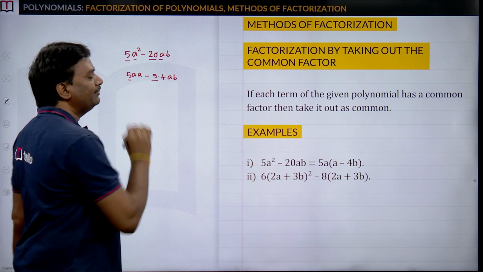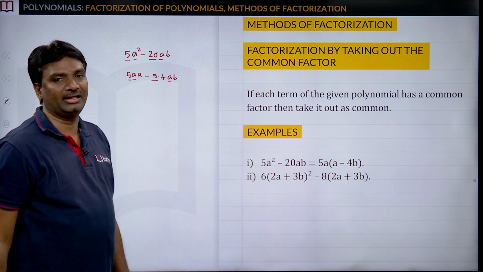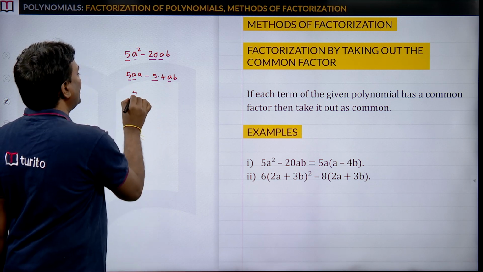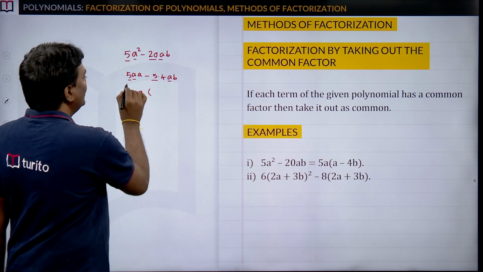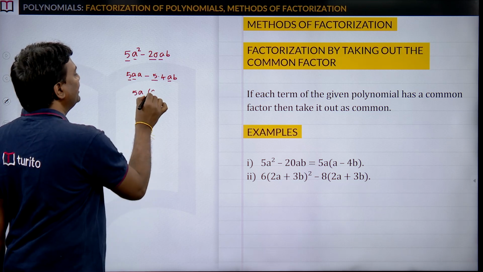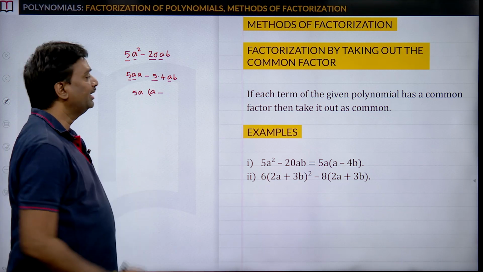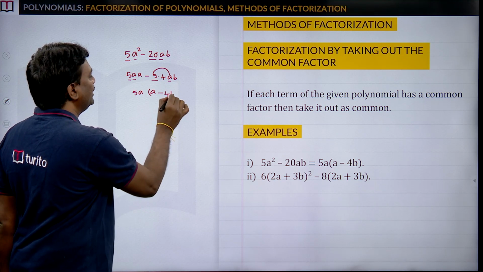Now, we can say 5 is the common factor, a is also a common factor. If we take 5a as common, the remaining part in the first term is a, minus, and in the second term the remaining part is 4b.